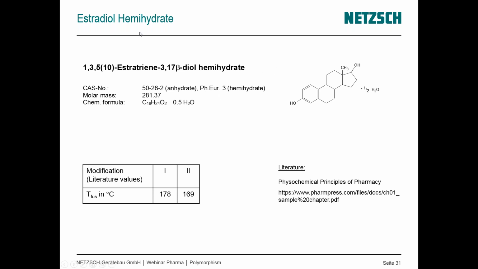One last example we'll go through and look at, and this is, we talked about polymorphism. The last thing I want to look at is what we talked about in pseudo-polymorphism. This is estradiol hemihydrate, and you see this second portion of the name, this hemihydrate.